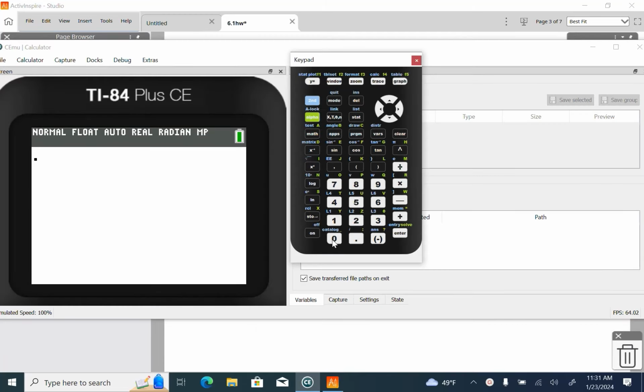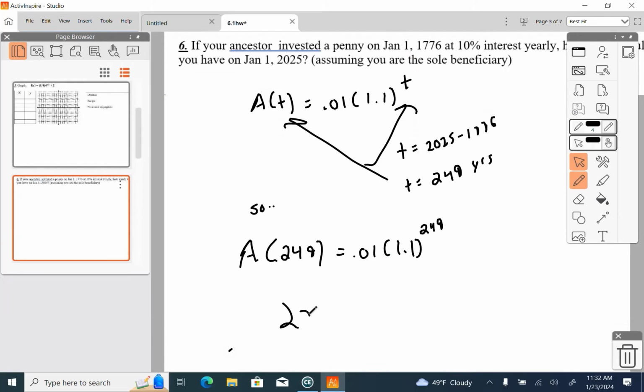We have 0.01, 1.1 to the 249th power. A lot of money, isn't it? Look at that. 202 million, 664,930.6.